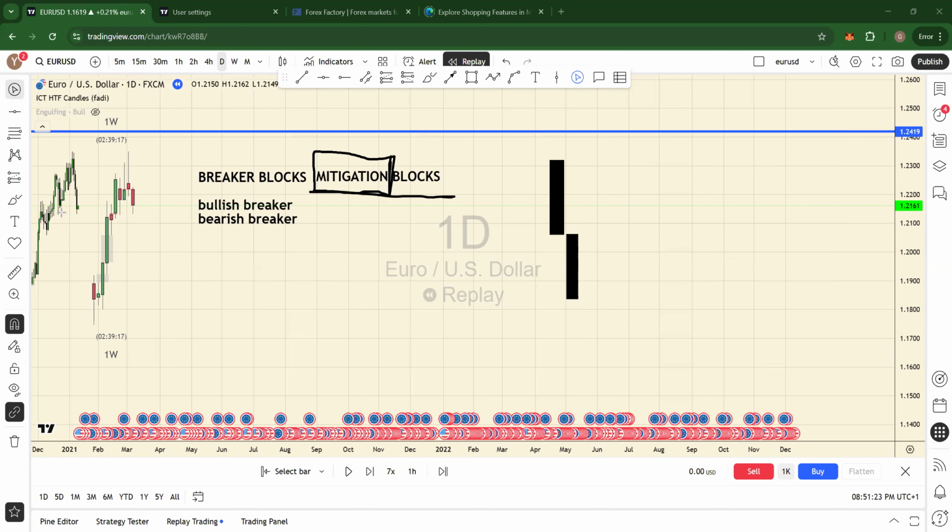We have this bullish candle here. Price was first of all bullish, and then it started moving lower. We have something like this.